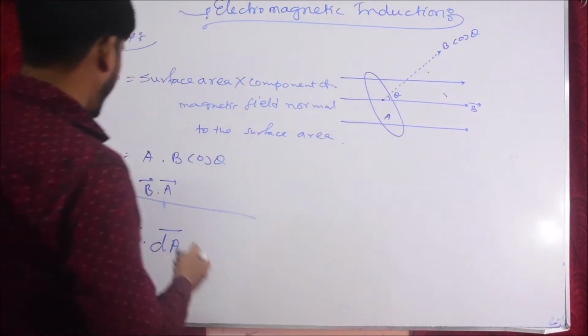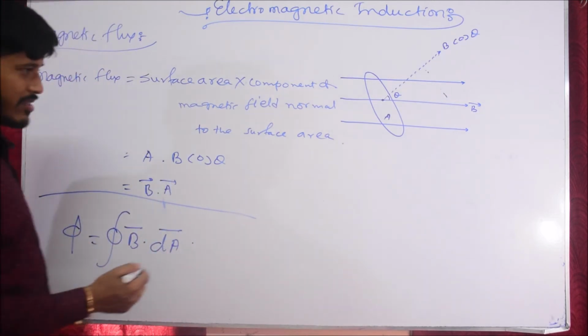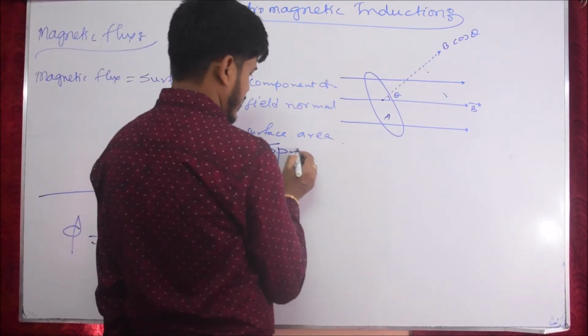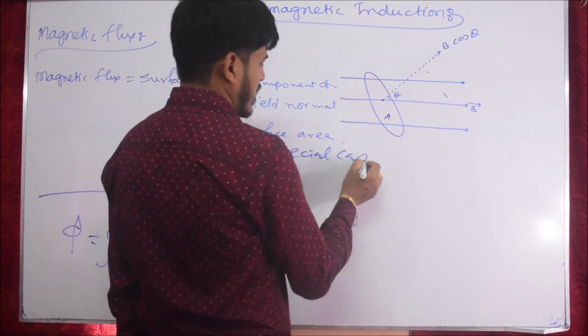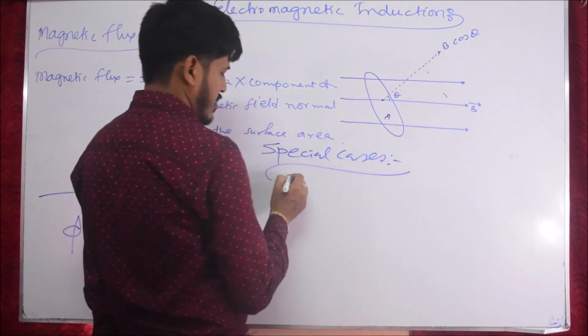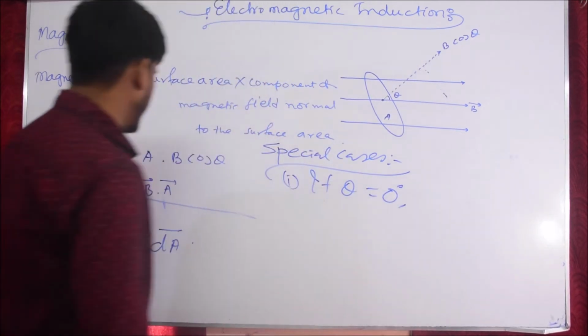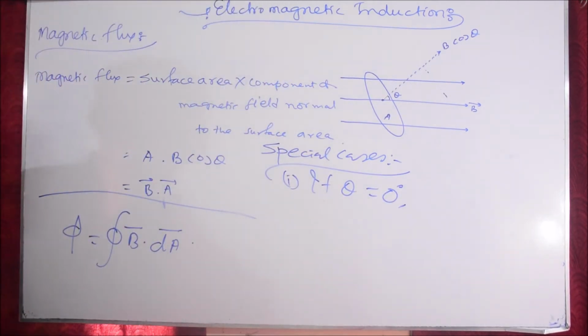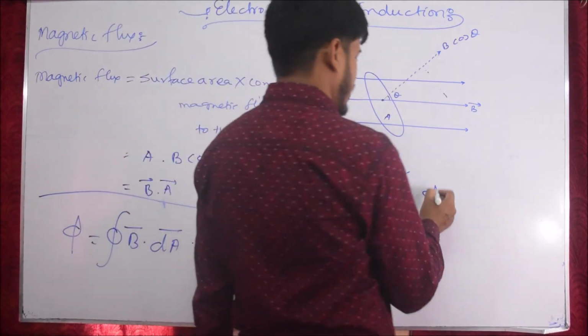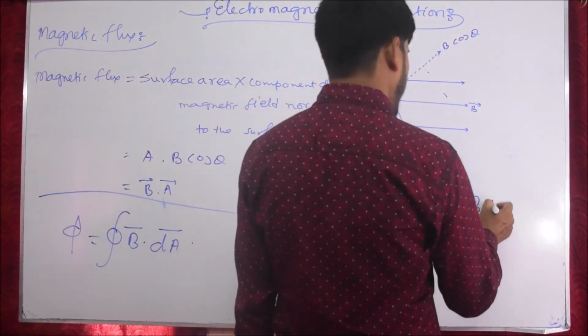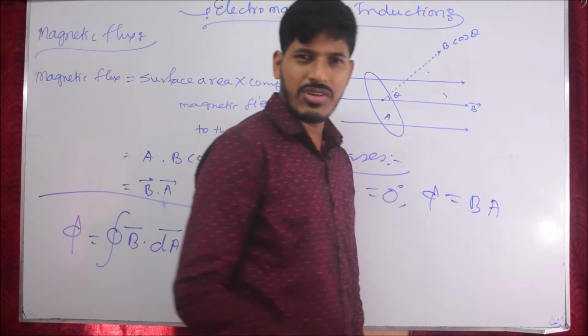So, let us see the special cases. Number 1, if theta equal to 0 degree, phi is equal to BA, cos 0 is 1.